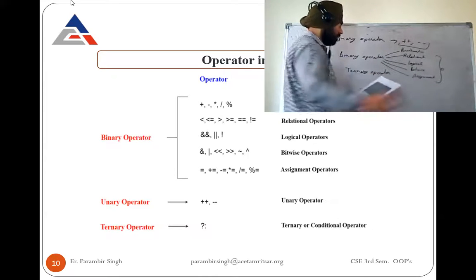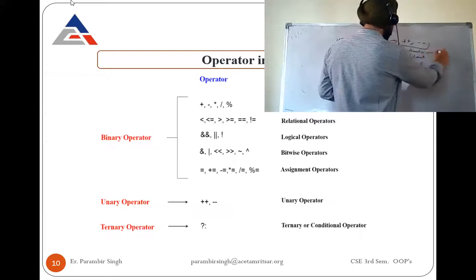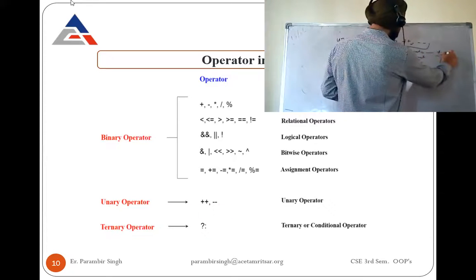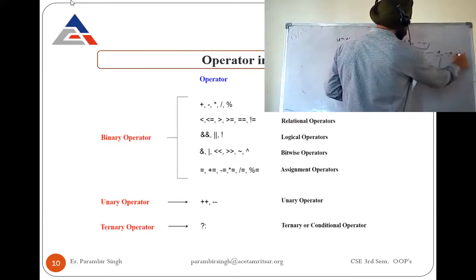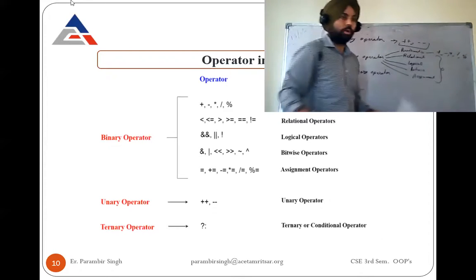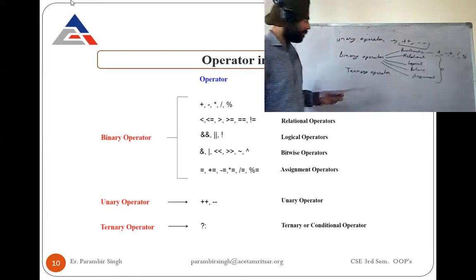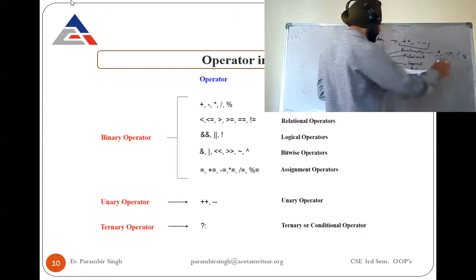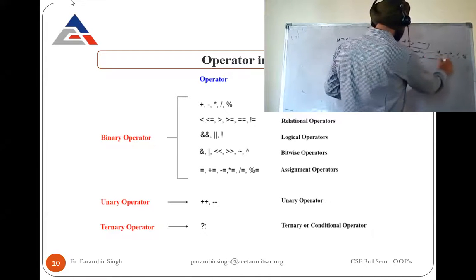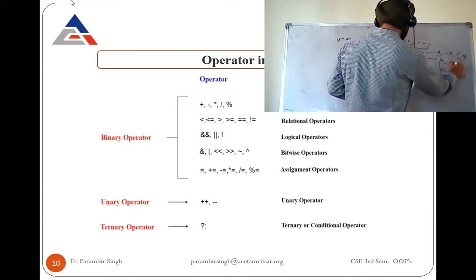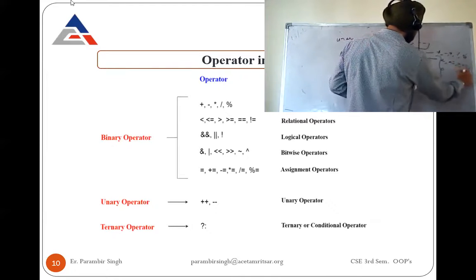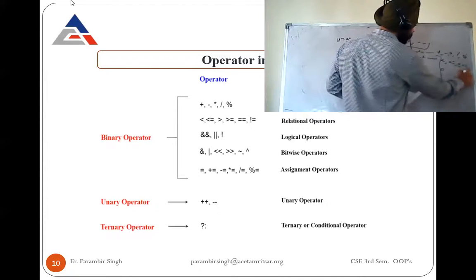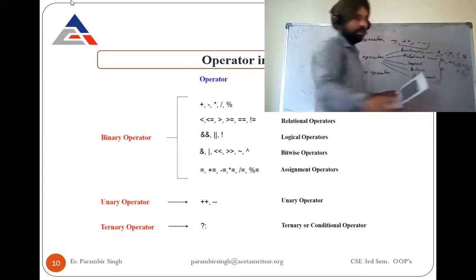So what is an arithmetic operator? Whether we are using plus, minus, multiplication, division, or modulus. Relational operators: less than, less than or equal to, greater than, greater than or equal to, double equal to, or not equal to.